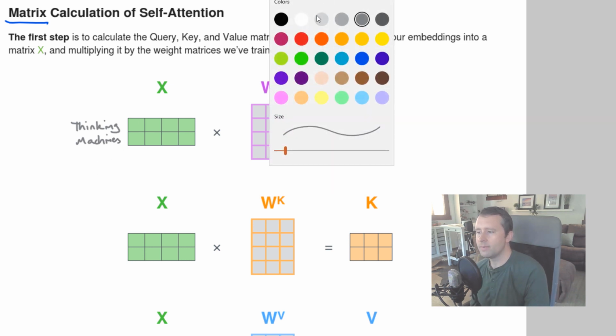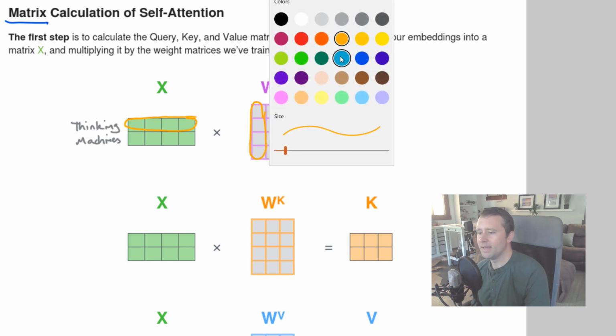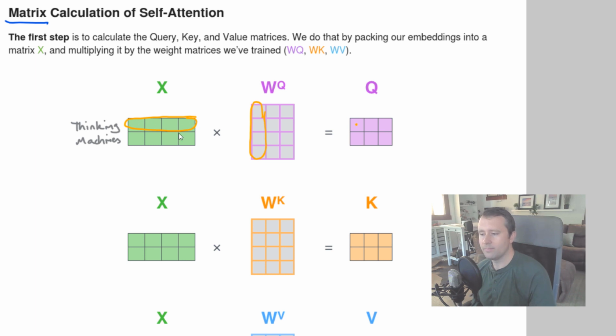And the same intuition applies here. So we take this vector, multiply it against this column, and that produces this value. And we take that vector, multiply it against this column, that produces this value.